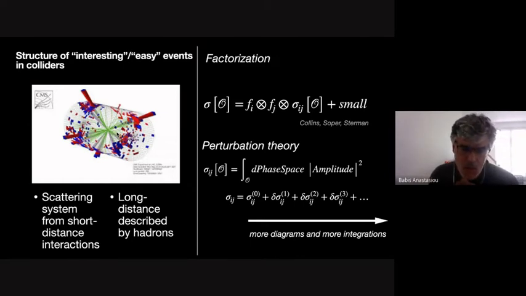When we are looking at this type of processes, then the non-perturbative effects take a rather simple and beautiful form, the very well-known collinear factorization form developed by Collins, Soper, and Sterman, where practically we can separate non-perturbative information from some hard scattering cross-section, and the latter we can calculate in perturbation theory.